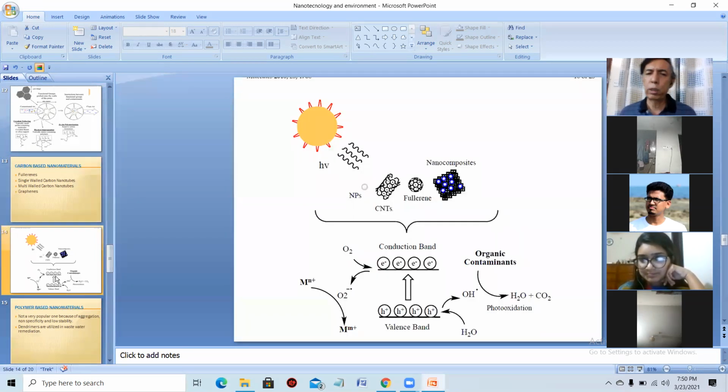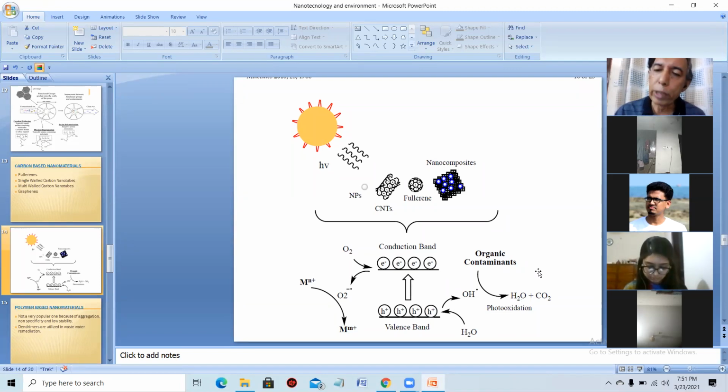So how it works: this is a fullerene, this is a nanocomposite, or this is carbon nanotubes. When UV light falls on this type of nanoparticles, electrons from the valence shell go to the conduction band. That induces the photooxidation of the contaminants.